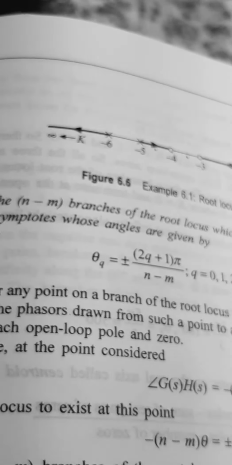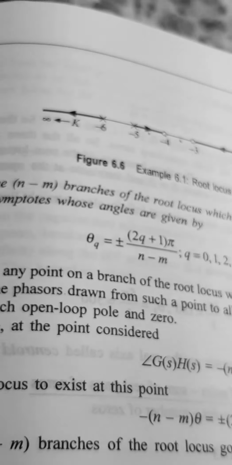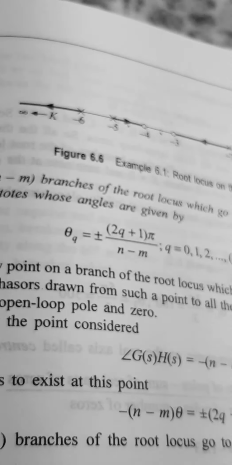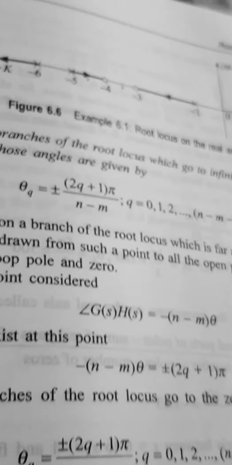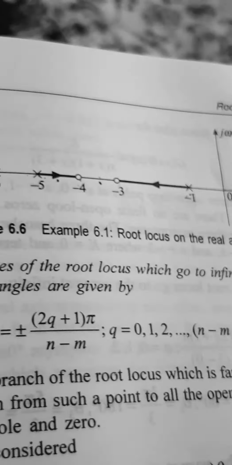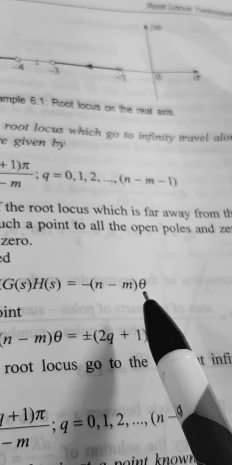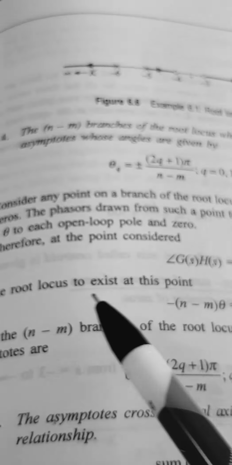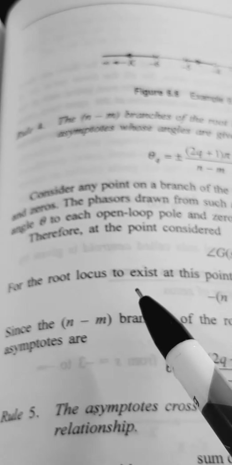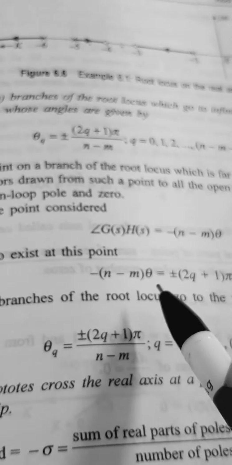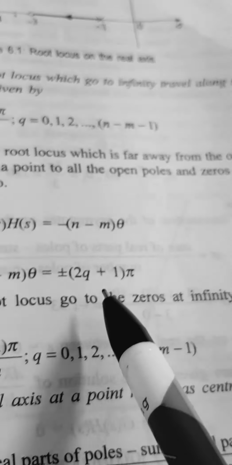They make the same angle theta to each open loop pole and zero. Therefore, at the point considered, the angle of G(s)H(s) is equal to minus (n minus m) theta. For the root locus to exist at this point, minus (n minus m) theta is equal to plus or minus (2q plus 1) pi.